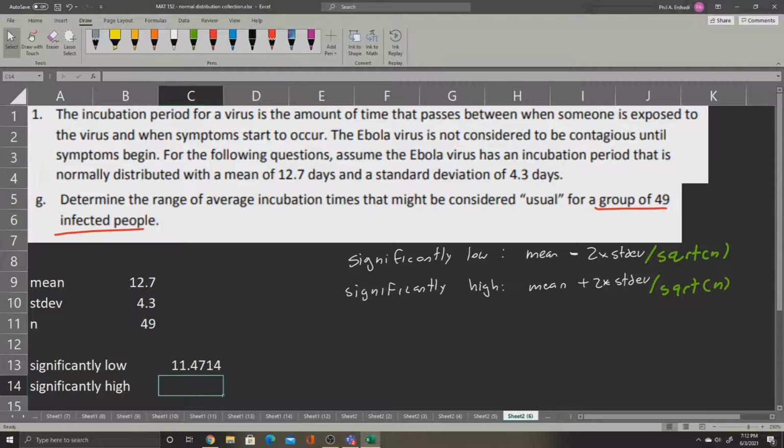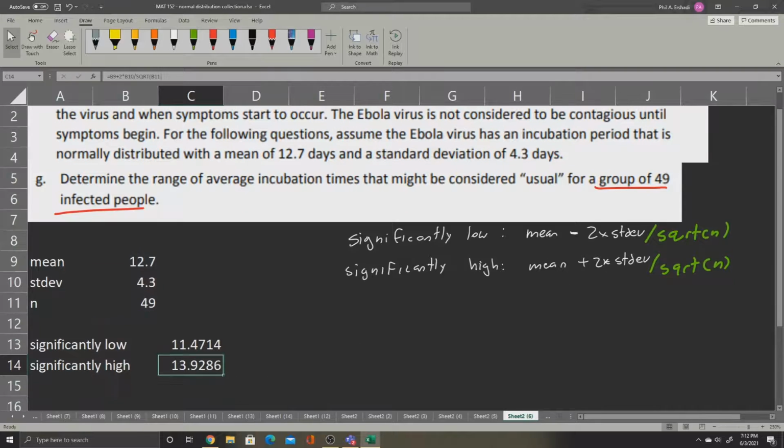And we get 11.4714. We'll do the same thing again for significantly high: mean plus 2 times standard deviation divided by square root of n. We press enter and get 13.9286.